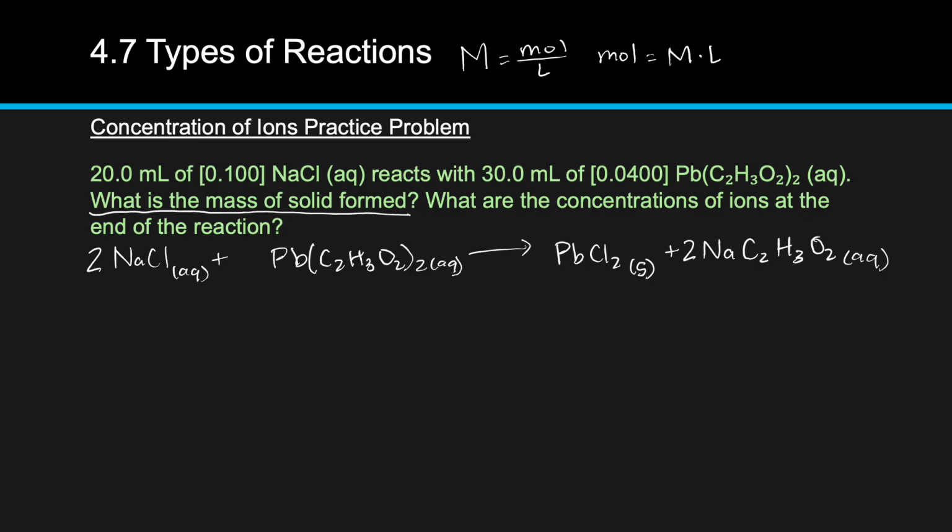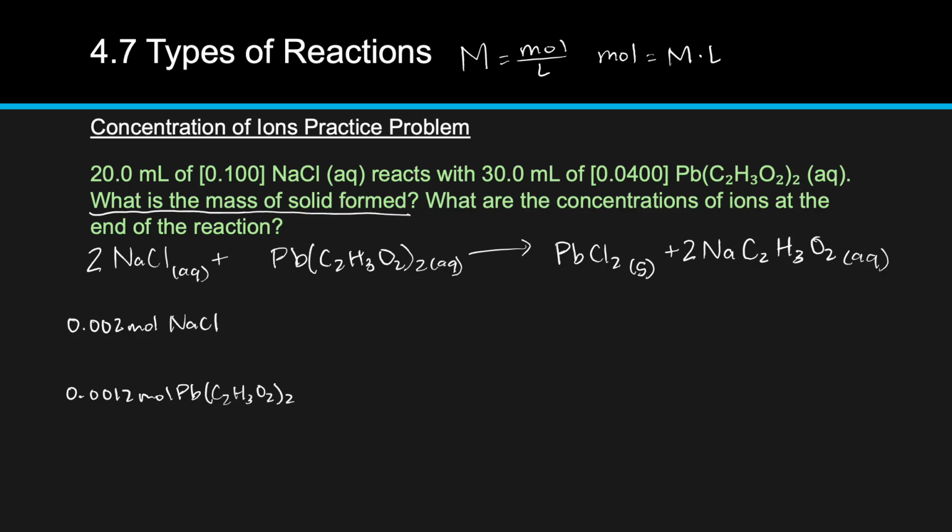So that means we have 0.002 moles of NaCl. And then for our other reactant, we have 0.04 for our molarity, and then we have 0.03 for liters. So that's going to give us 0.0012 moles of Pb(C2H3O2)2.